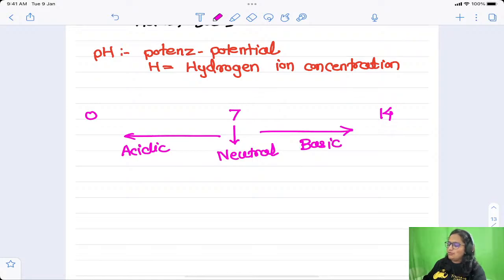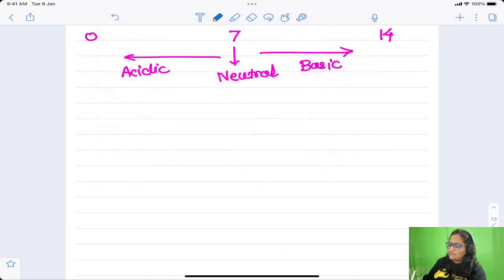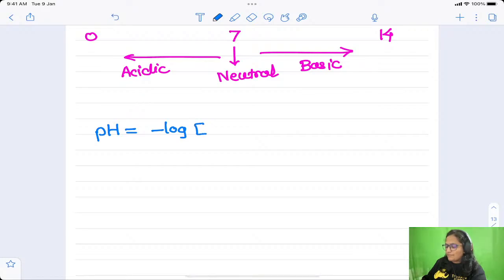Then in yesterday's class I also discussed the formula to find out the pH. pH is equal to negative log of H plus ion concentration.